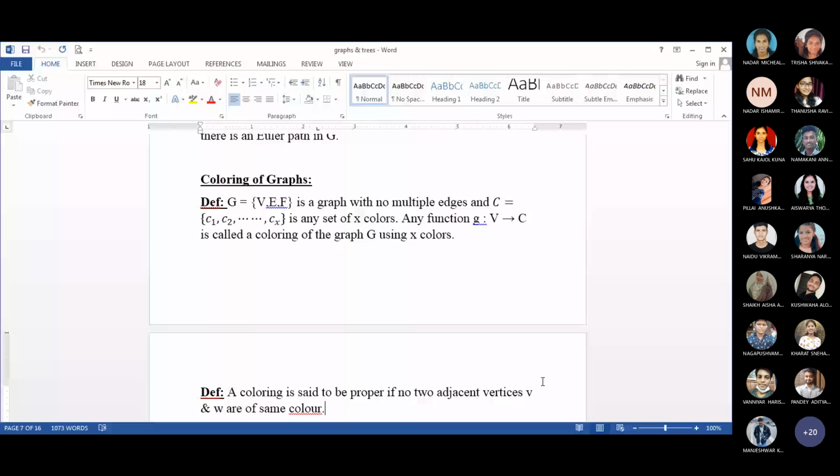Any function G from V to C is said to be a coloring of a graph using X colors. That means we are coloring the vertices of the graph using the colors which we have. So C1, C2, up to Cx is the set of the colors.